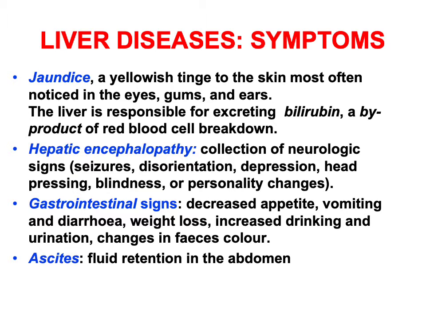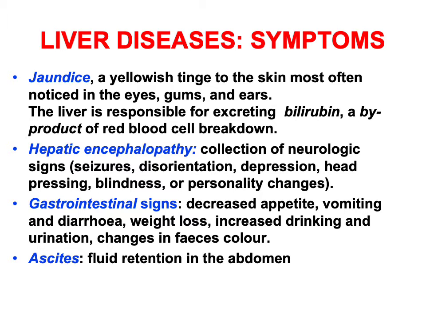Hepatic encephalopathy is a collection of neurologic signs like seizures, disorientation, depression, head pressing, blindness, or personality changes. To improve your memory, it is interesting that it is typical in the horse, for example, leaning to the wall with the head. You also have gastrointestinal signs: decreased appetite, with vomiting and or diarrhea, weight loss, and increased drinking and urination, polyuria and polydipsia.